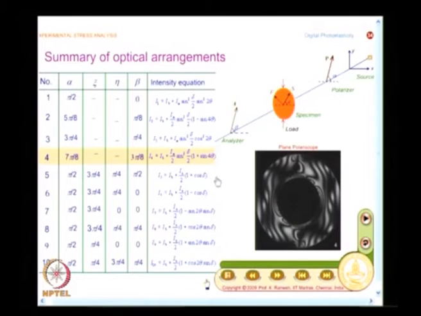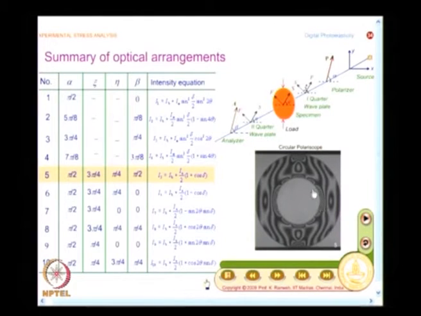Then the next 6 arrangements are from a circular polariscope. The intensity equation is appearing slightly differently, but if you look at this, this is nothing but your conventional bright field arrangement.